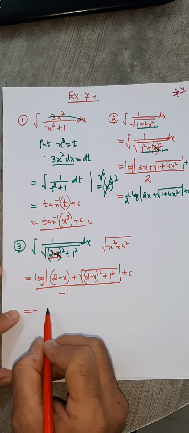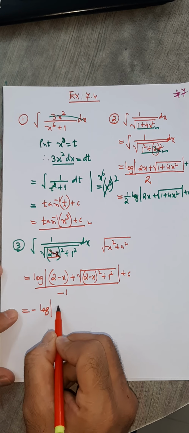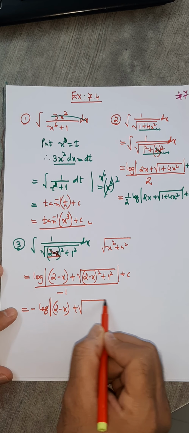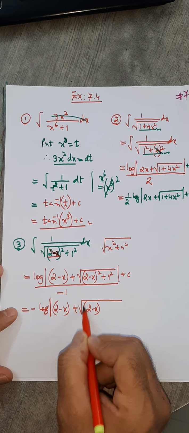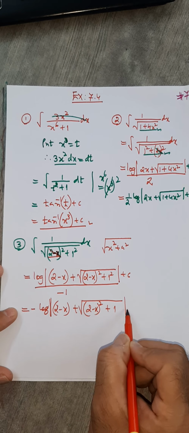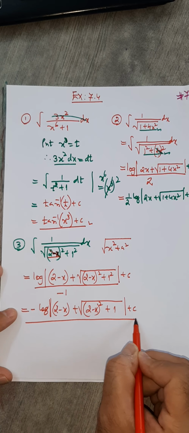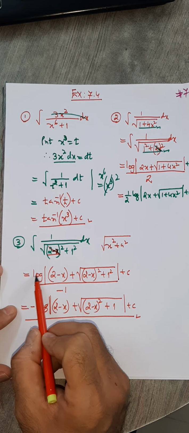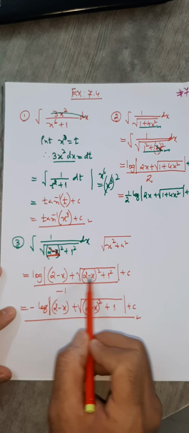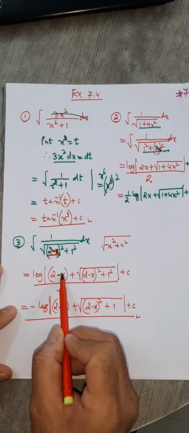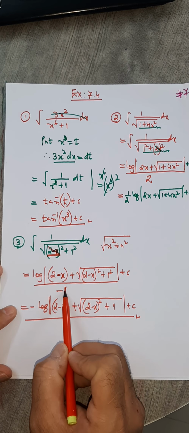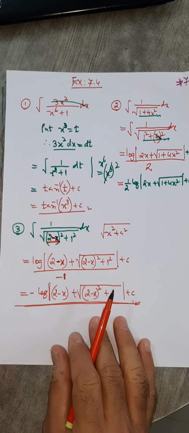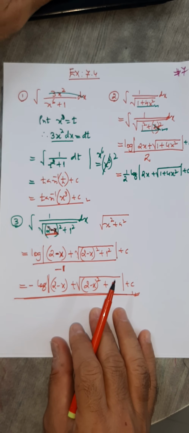So finally we are getting minus log of mod of 2 minus x plus root of 2 minus x the whole square plus 1, plus c. Which formula? x squared plus a squared: log of mod of x plus the same expression, upon the coefficient of x, which is minus 1. So we have this.